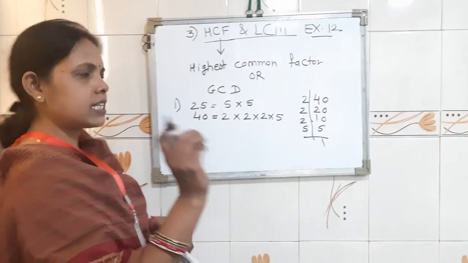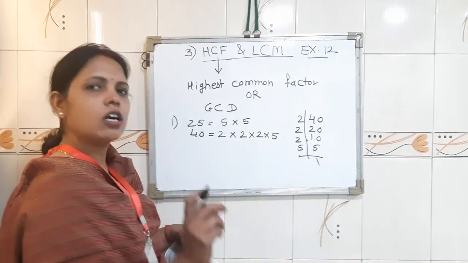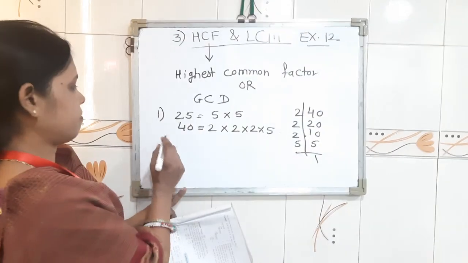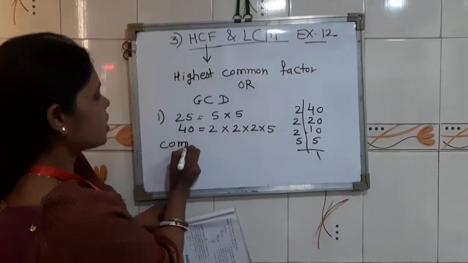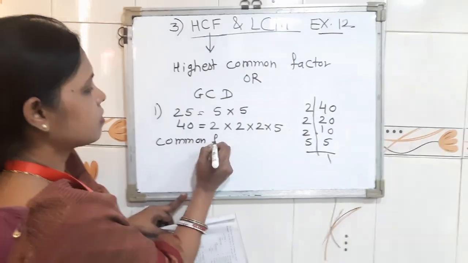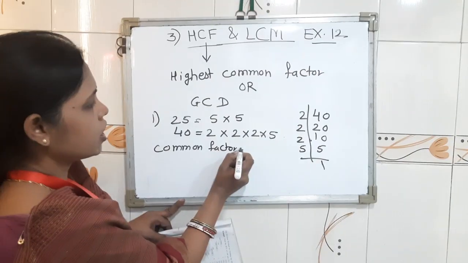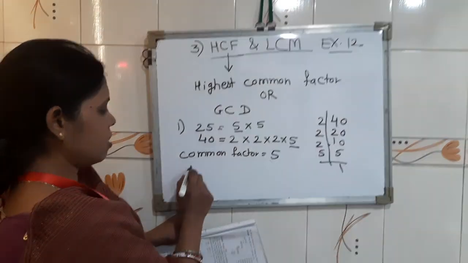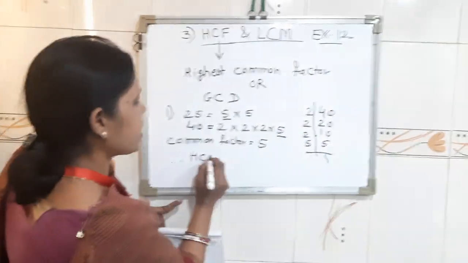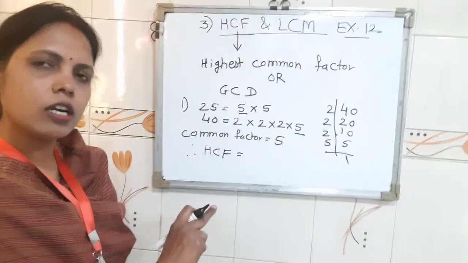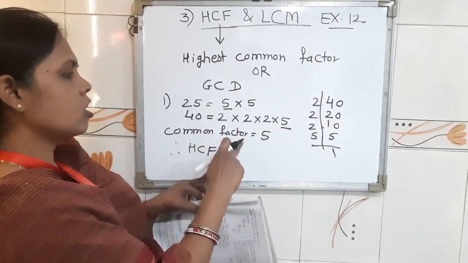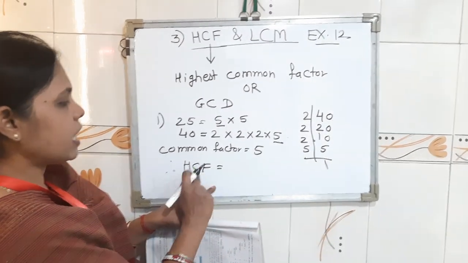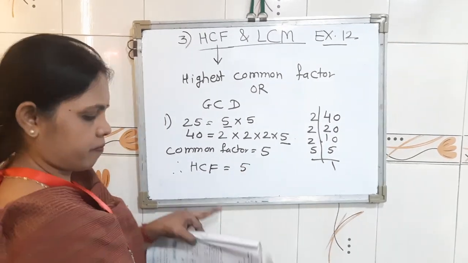So children, easily we can find the common factor between 25 and 40. Write down here, common factor equal to 5. So children, for HCF we write the number we got common. Here we got only one factor in common. Therefore write down HCF equal to 5.